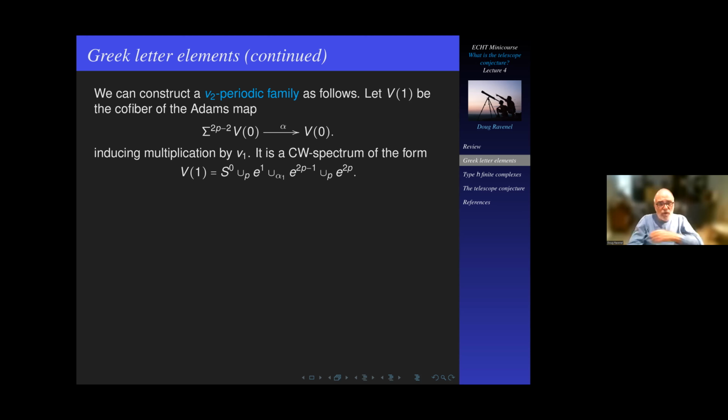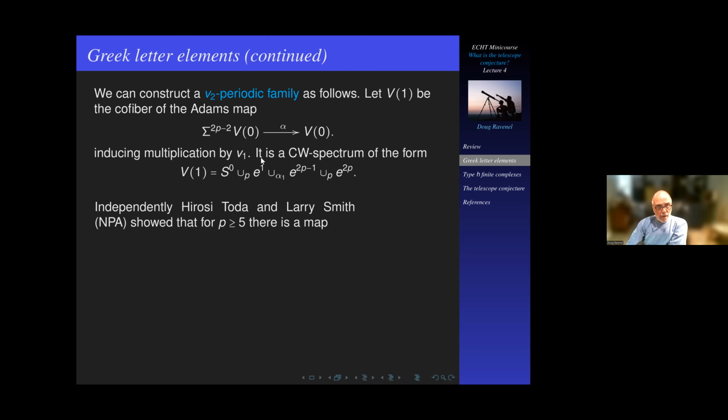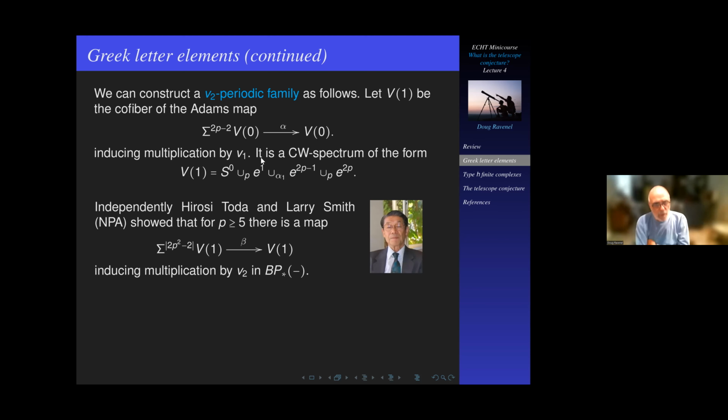It's a CW spectrum with 4 cells in the dimensions indicated here. Now, independently, Hiroshi Toda and Larry Smith showed that if the prime is at least 5, then there is a map from a certain suspension of V1 to V1 that's indicated here. I'm calling this map beta, and it induces multiplication by V2 in BP homology.